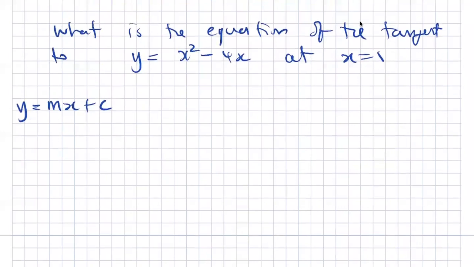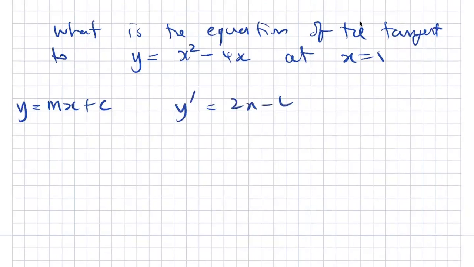Well, if I want the equation of a line, then I need a gradient, m, and I need a y-intercept, c. And really it's just a matter of filling in the blanks to get that done. So I do need a gradient. And this is where calculus comes in useful, because calculus has a lot to do with calculating gradients. So we'll go ahead and differentiate.